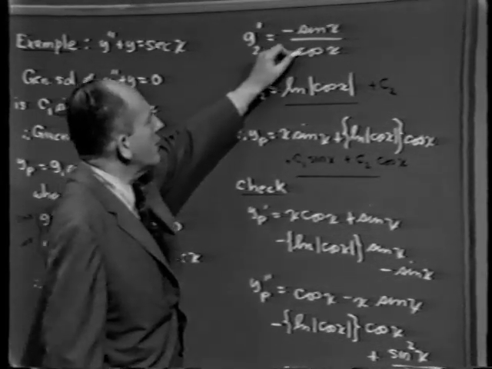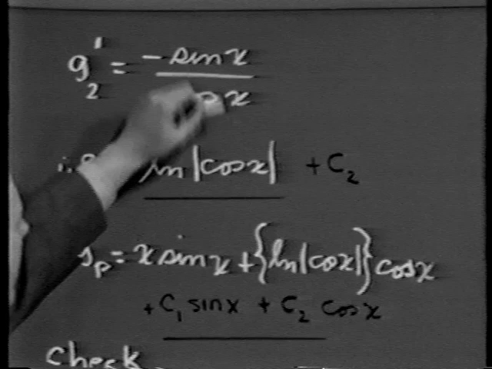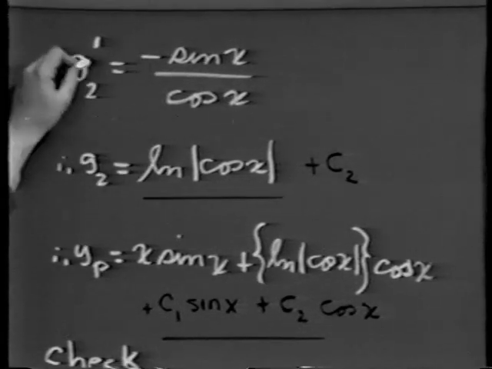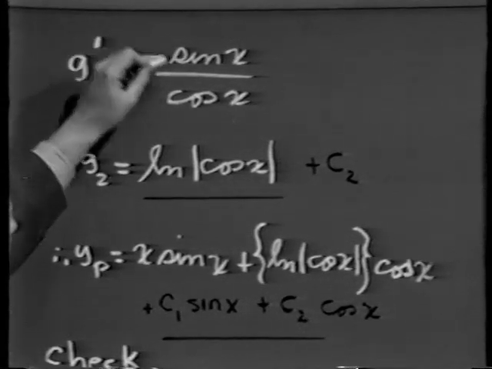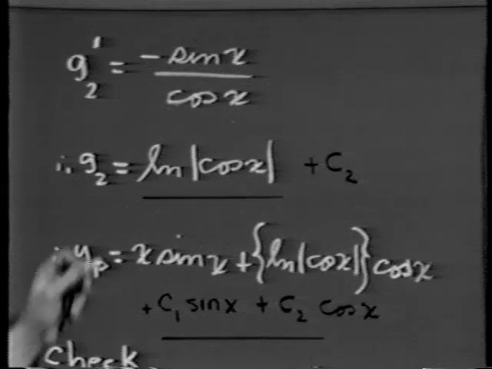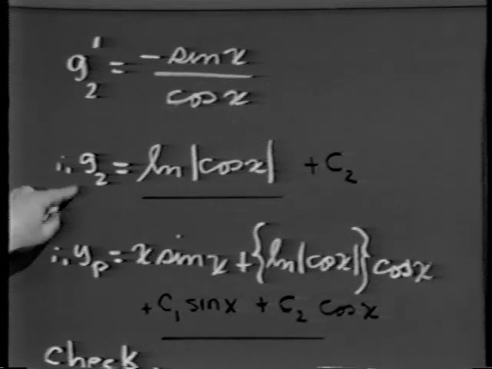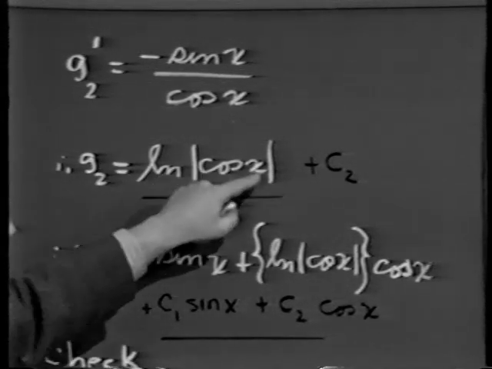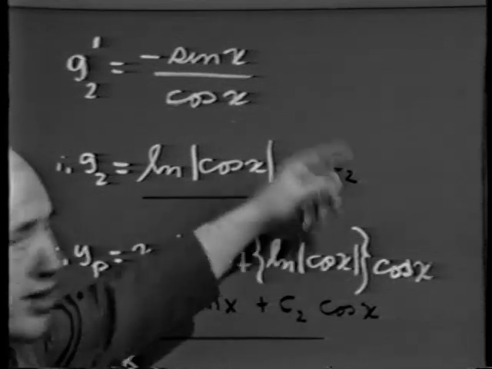Observing that the derivative of cosine x is minus sine x, this becomes g2 prime is du over u, where u is cosine x. The integral of du over u is log absolute value of u plus a constant. In other words, g2 is log absolute value cosine x plus some constant.